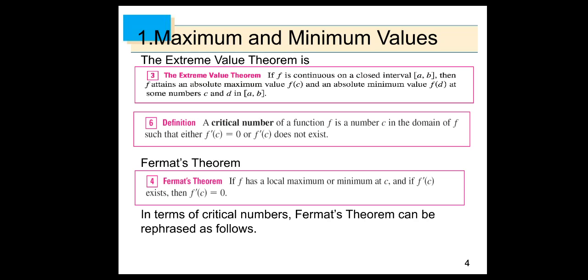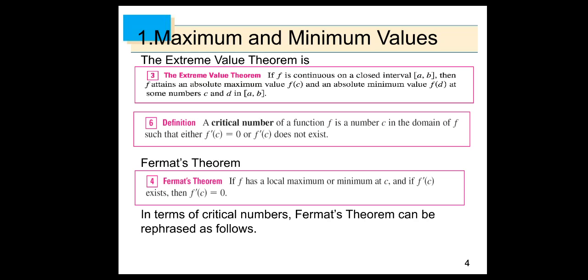If f of x has a local maximum or local minimum at x equals c, and the derivative f prime of c exists, then that derivative is equal to 0, which means there is 0 slope.